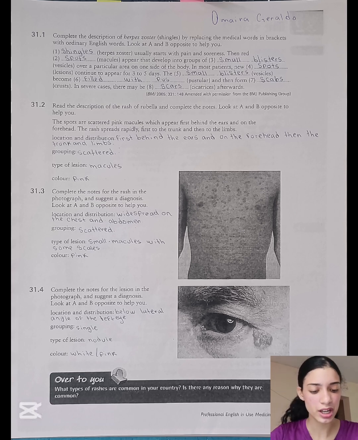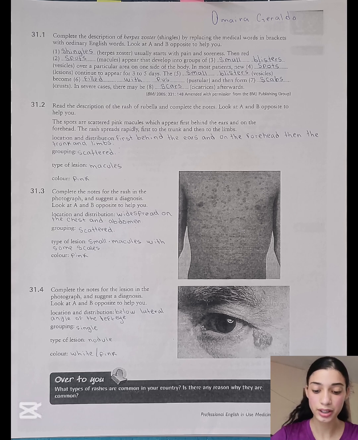In most patients, new spots, lesions, continue to appear for 3 to 5 days. The small blisters become filled with pus and then form scabs. In severe cases, there may be scars afterwards.